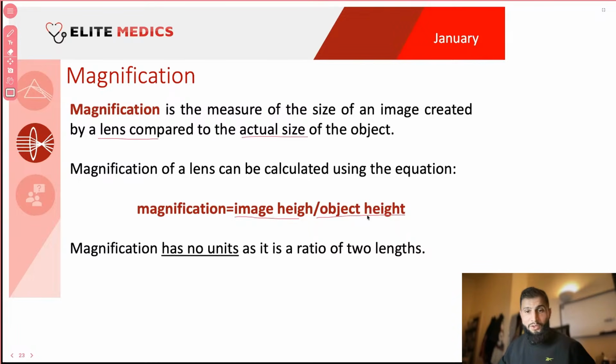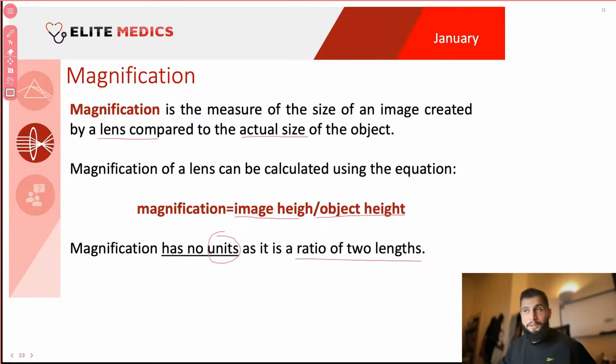If the image height is 2 and the object height is 2, then that's the same thing. It's 1. There's no magnification, just 1. So magnification is just a ratio of two lengths. That's why it doesn't have any units. So when you're thinking magnification of 2, there's no units for it because it's just a ratio. So magnification is 0.5, for example.